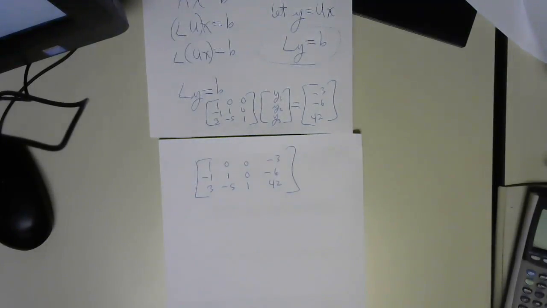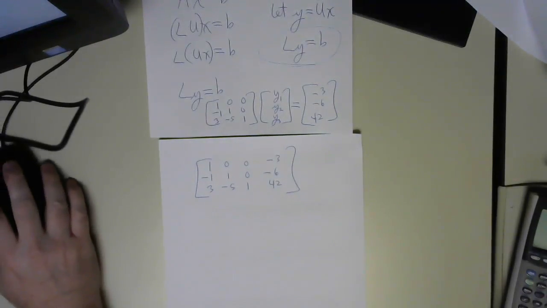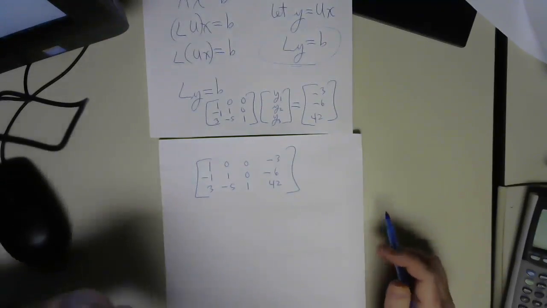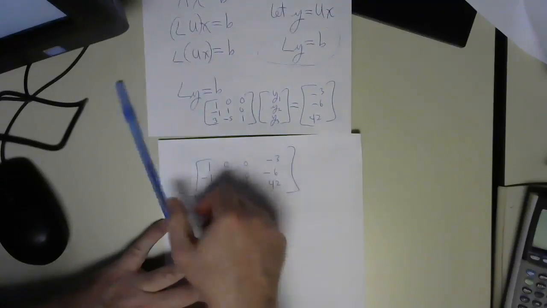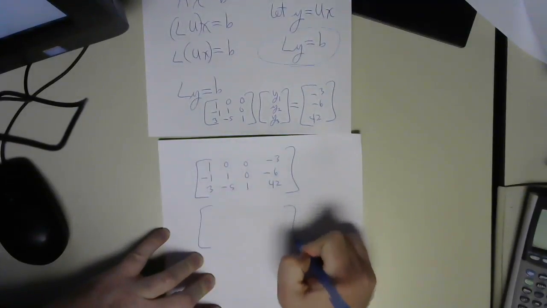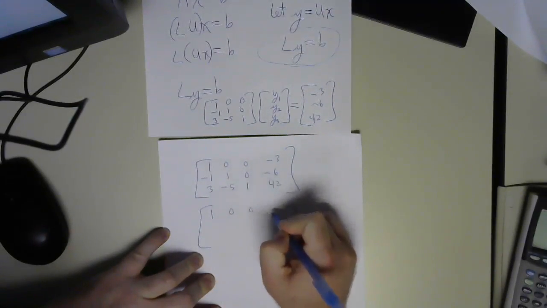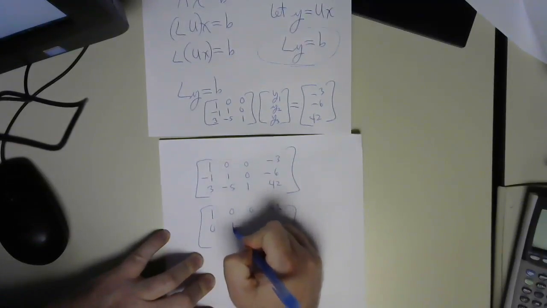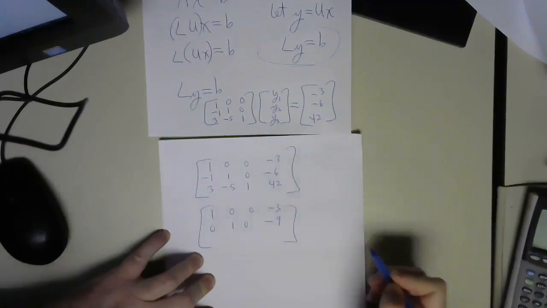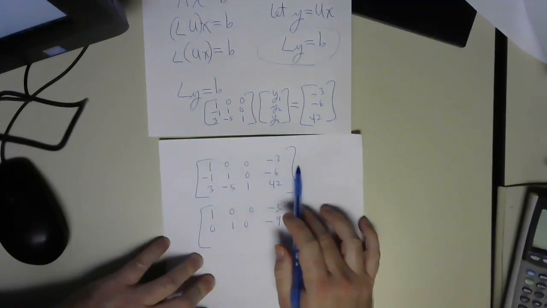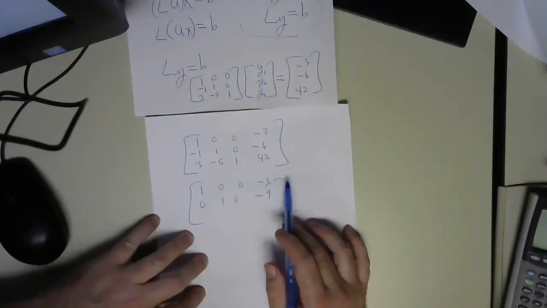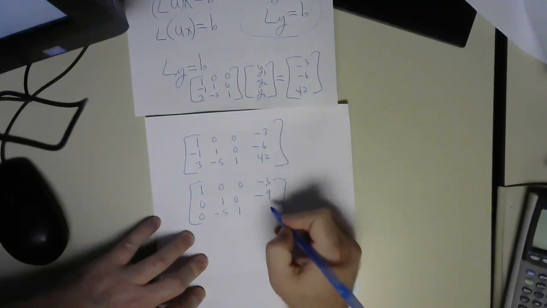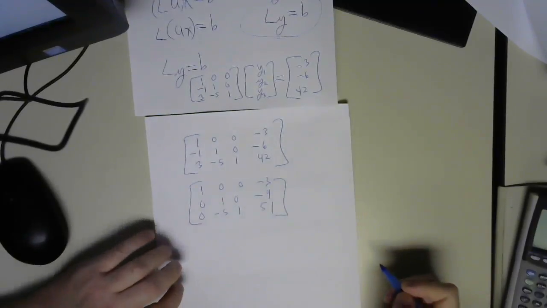All right. So let's change it into reduced echelon form. If I add the first row to the second row, I get this. And I guess I want to multiply the first one by -3 and add it to the third row. Okay.